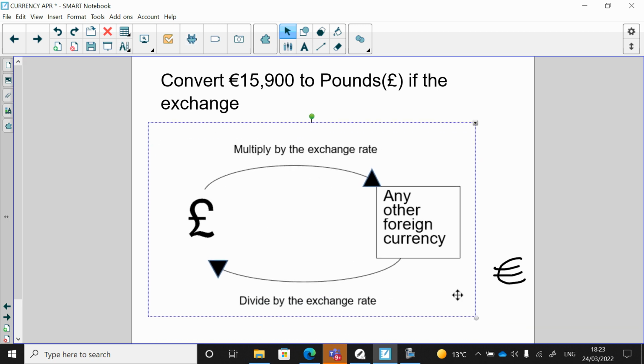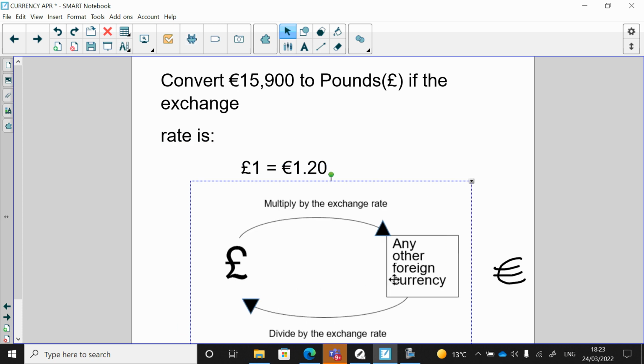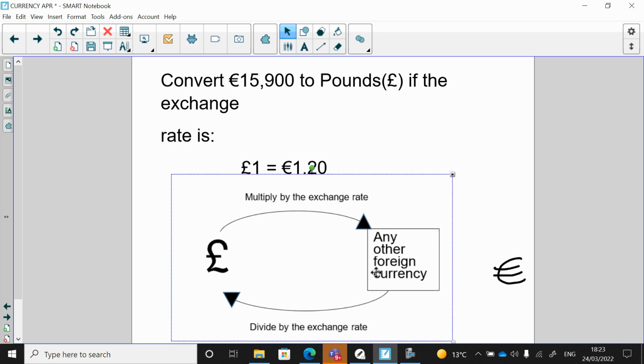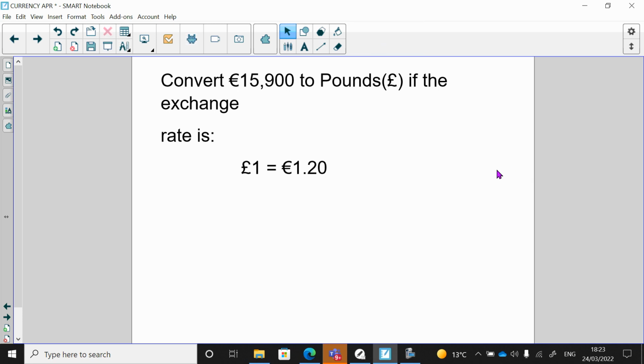Right, we are coming back from euros to pounds, so we are going to divide by it. So take the 15,900 and divide it by 1.20 or 1.2.